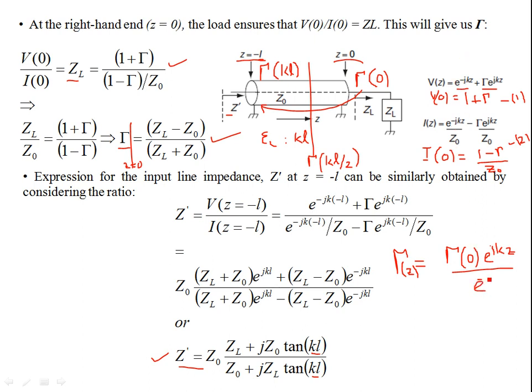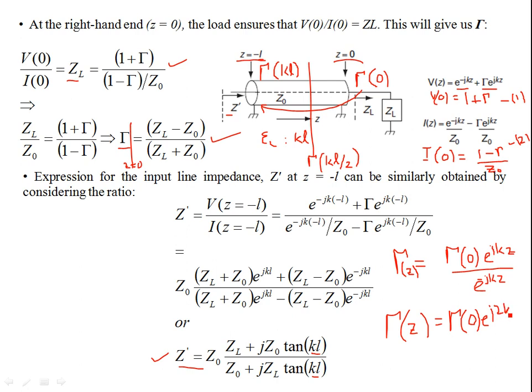So just like impedance transformation, I'm calculating the reflection coefficient transformation down the line, as a function of Z. So my gamma is a function of Z. It turns out it reduces to gamma 0, that is at Z equal to 0, into e to the power J twice KZ.